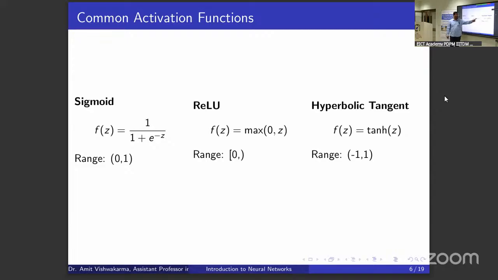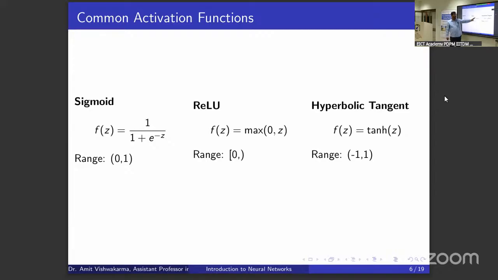Maximum of 0 and minus 5. What is the maximum? 0. So f(z) will be 0. If z is 0, then f(z) will be 0. If z is 5, f(z) will be 5. If z is 1000, f(z) will also be 1000. So this is the ReLU function.